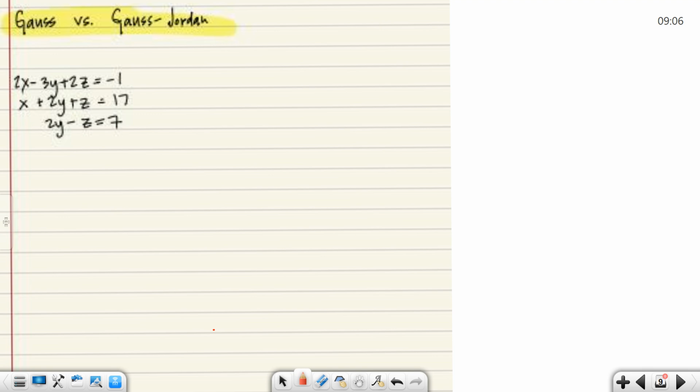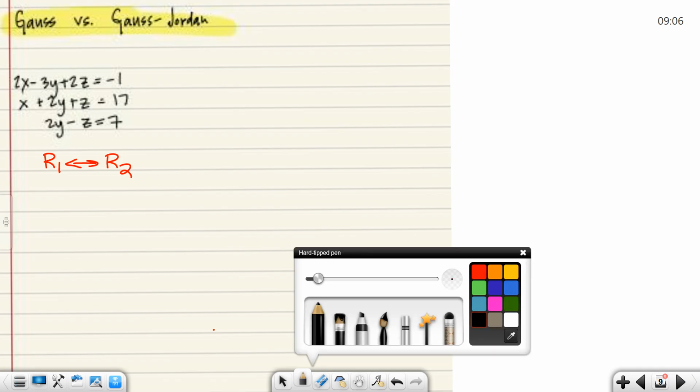Now I write out every step, as you know. So I'm going to write out my operations, but you don't have to, unless you want to. So I'm going to say row 1 and row 2, and I'm going to switch them. What I should have done first, though, was write it as a matrix, so I'm going to do that over here.